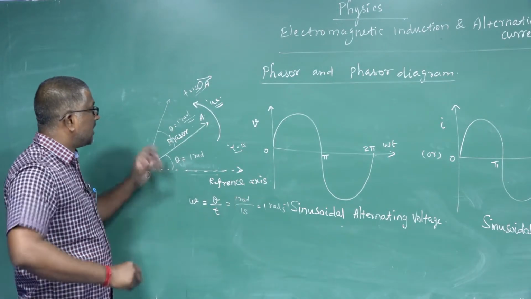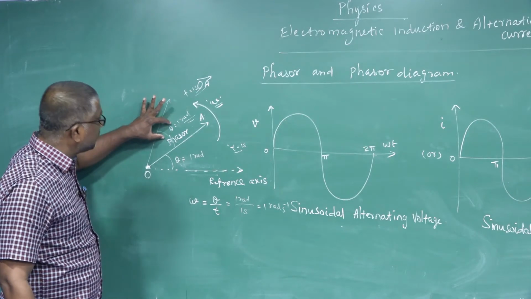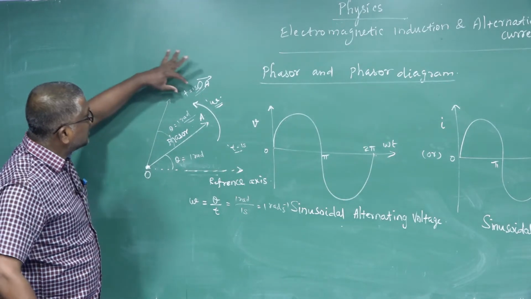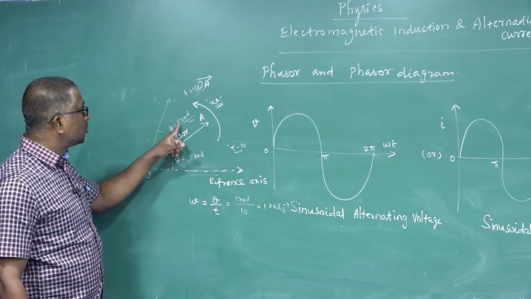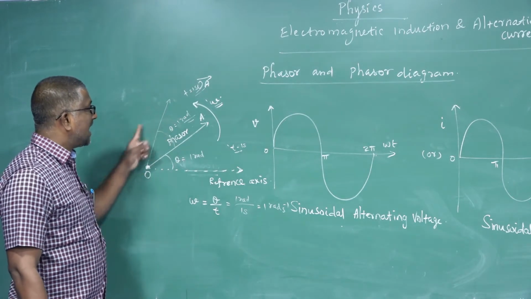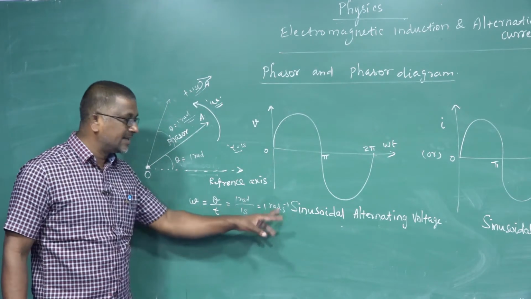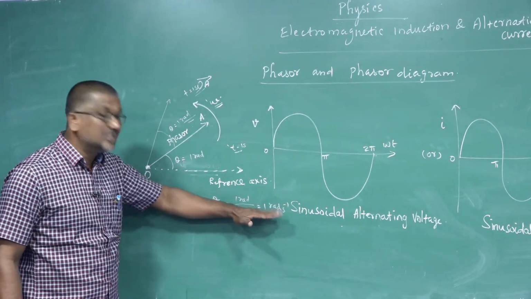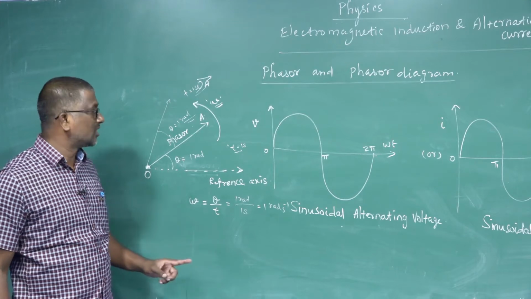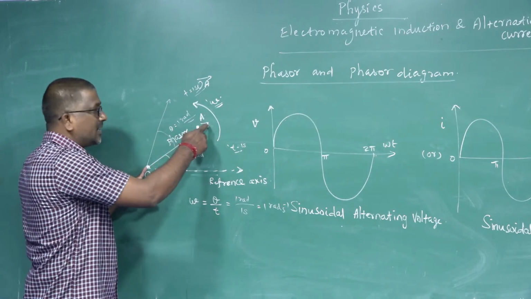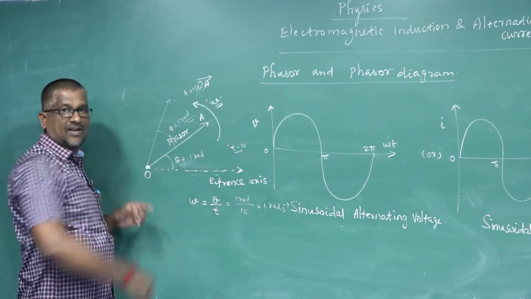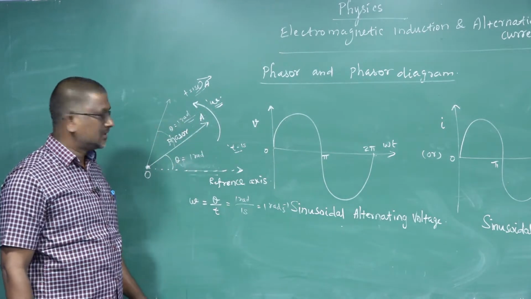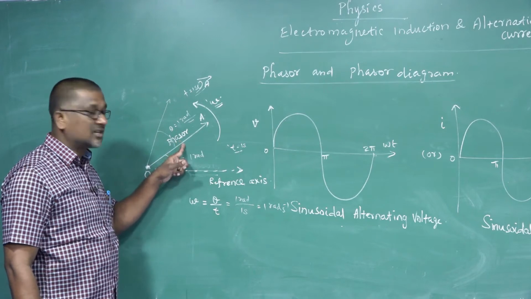Likewise, if the angular displacement of the vector in every unit time, that is every 1 second, is 1 radian, then the angular velocity is 1 radian per second. That value is a constant. If the given vector rotates about a fixed point with a constant angular velocity, then this rotating vector is called phasor.